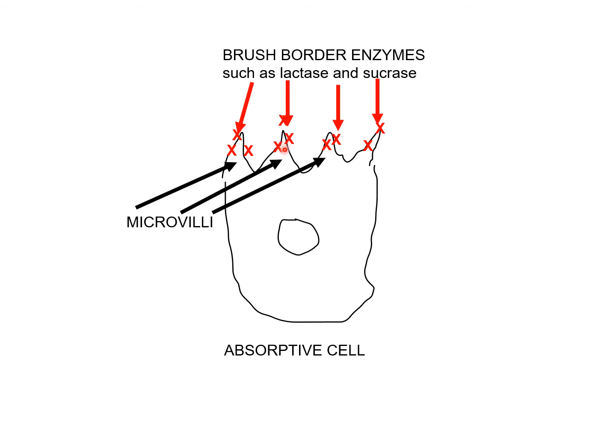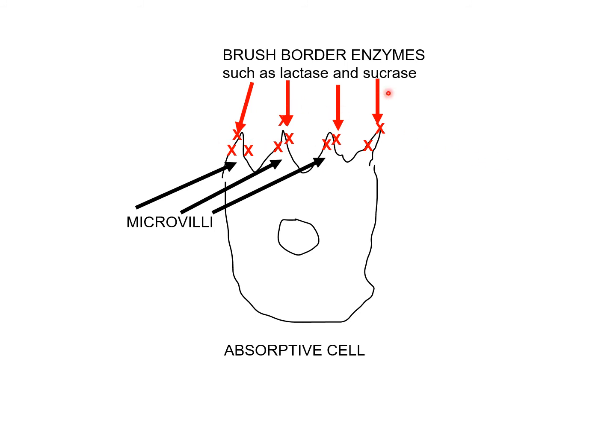Lactose intolerance is coming from the mutation or complete lack of this enzyme, and undigested lactose, milk sugar, will go into the large intestine, and bacterial digestion will cause the bloating, the diarrhea, and gas production, the symptoms of lactose intolerance.